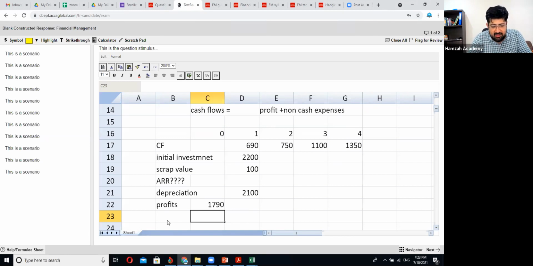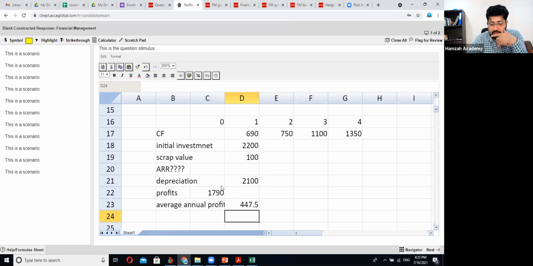Now, students, here is the profit. So average annual profit is total profit divided by number of years. These are the total profits for 4 years. Number of years is 4. Average annual profit.